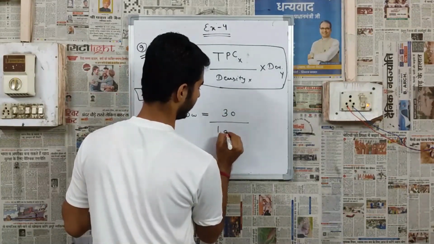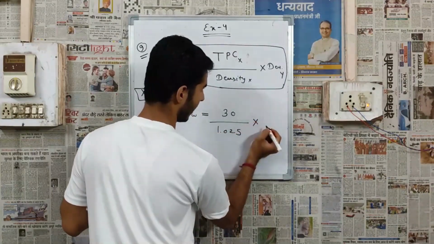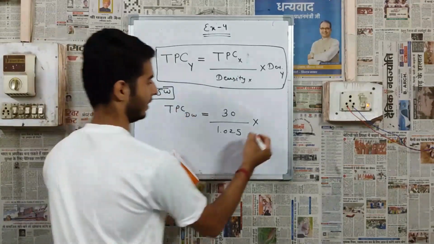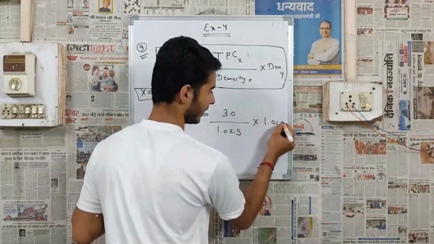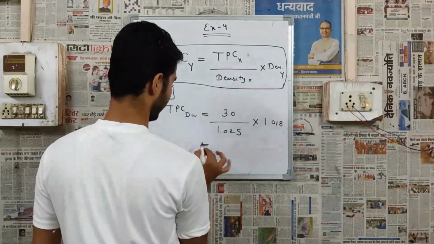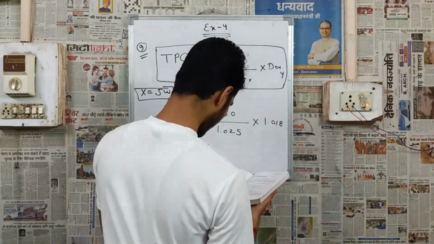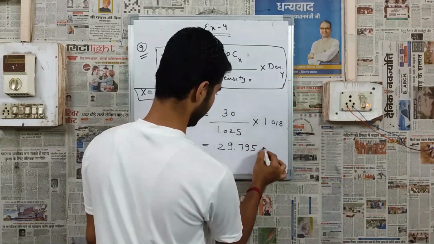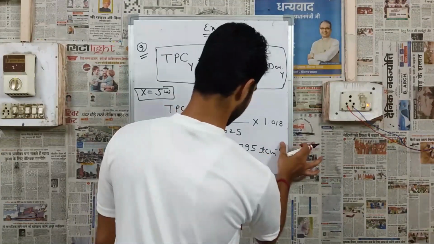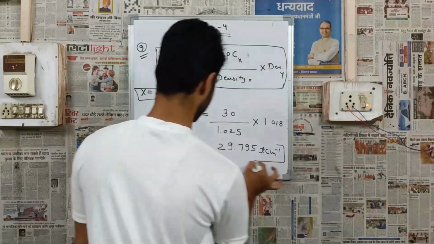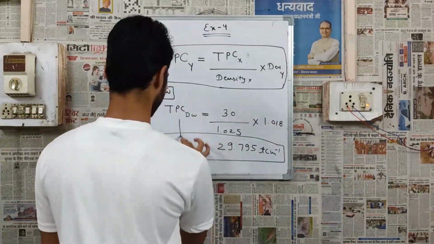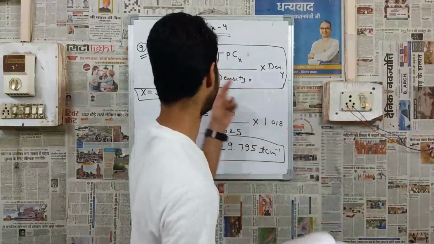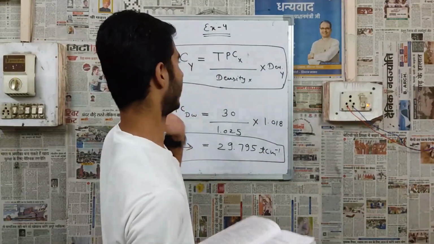Density of X is 1.025, multiplied by density Y, and in this condition the density is given, that is density of dock water, 1.018, which is equal to 29.795 ton centimeter inverse. This is TPC of dock water. Guys, remember the formula. This is a very important formula to convert the TPC.